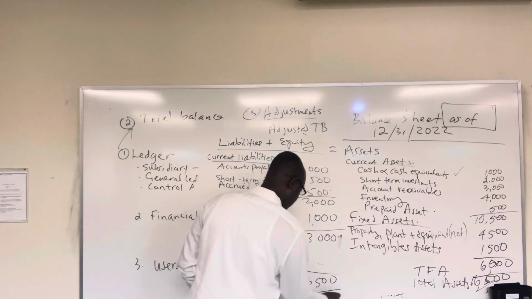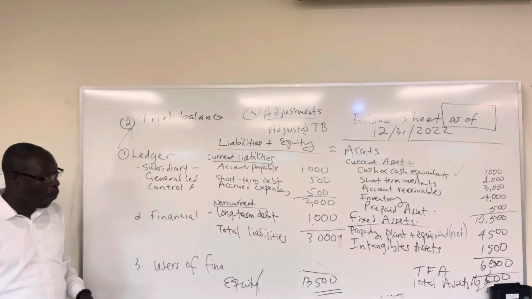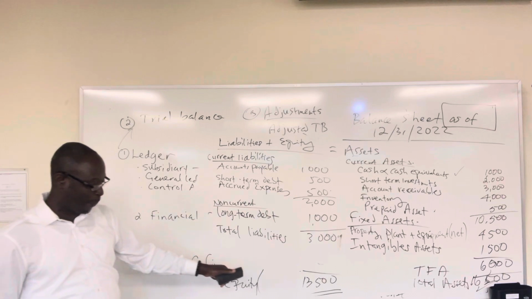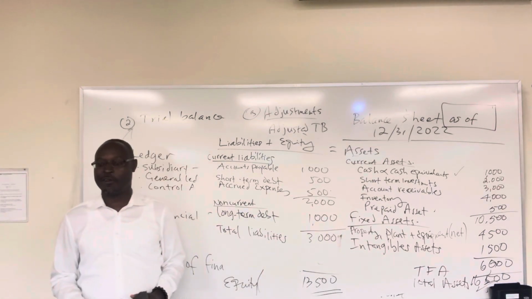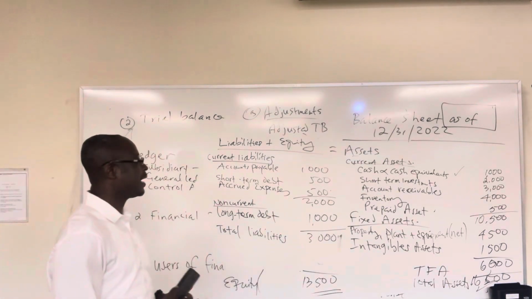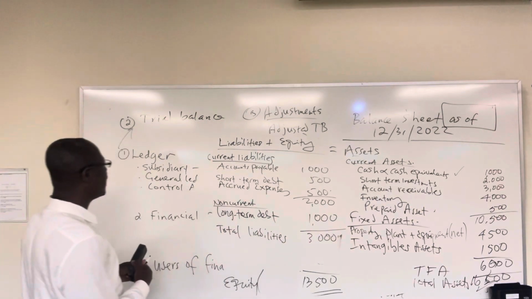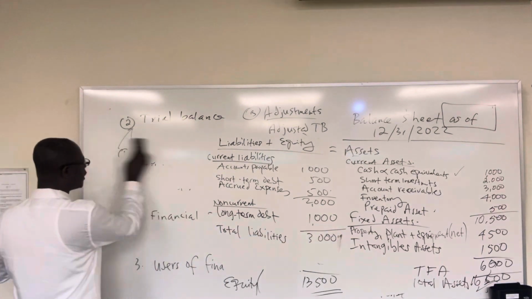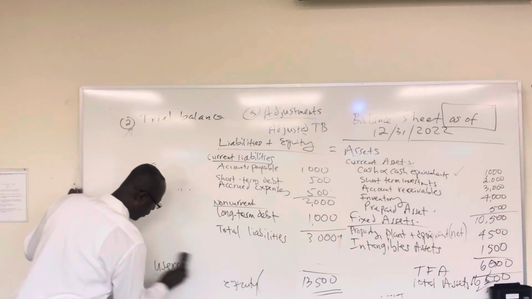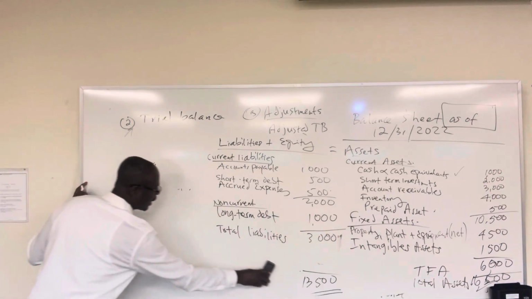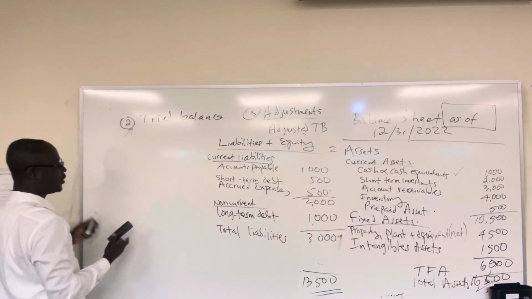That's my equity. Now, if you want to know what made up the 13,500, you will have things like what? Just in the interest of space, I will explain the equity here so you can understand it.